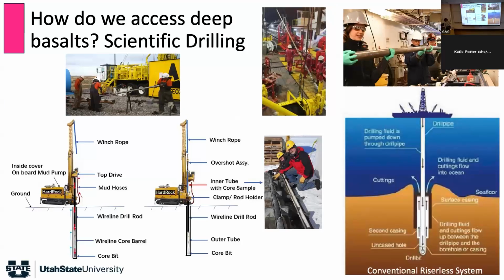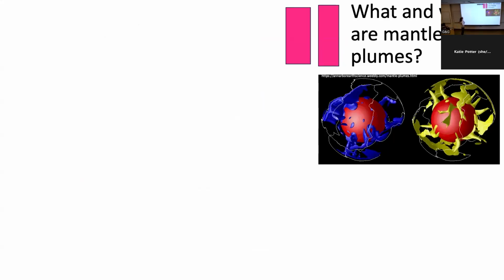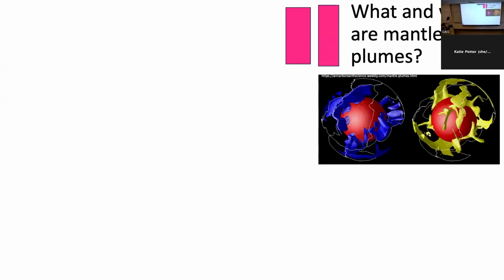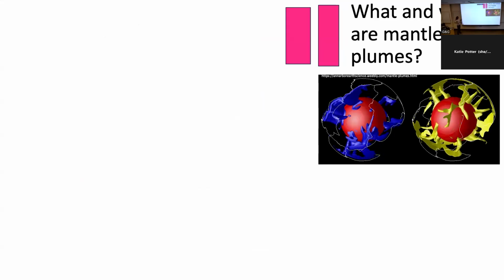Okay, let's talk about mantle plumes. So this is another area of geology that's been really growing, and our understanding of plume processes has significantly increased over the last 40 years. And what we understand these to be is really thermochemical pulses of material from the core mantle boundary.